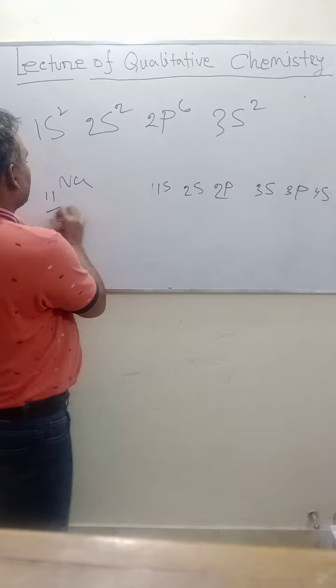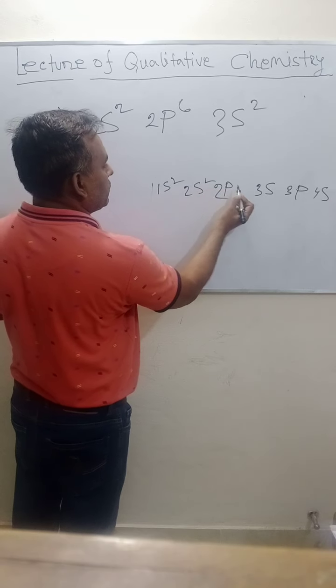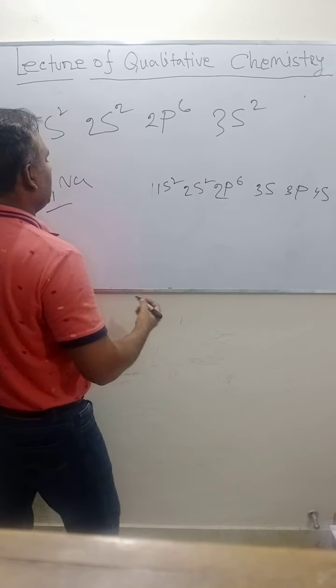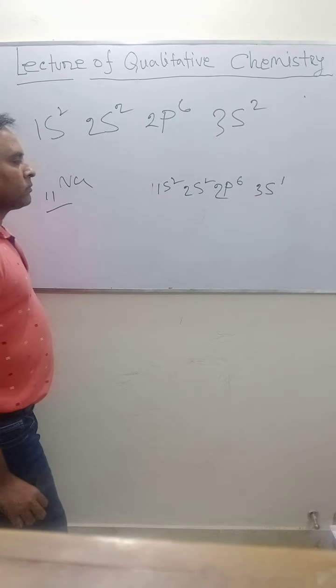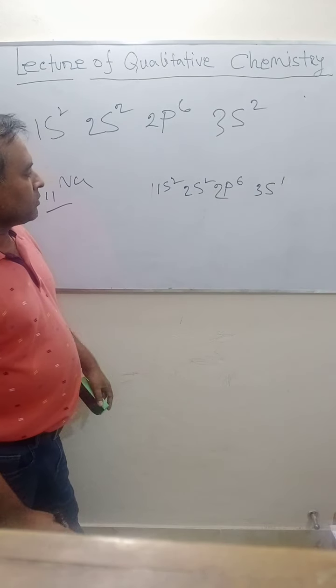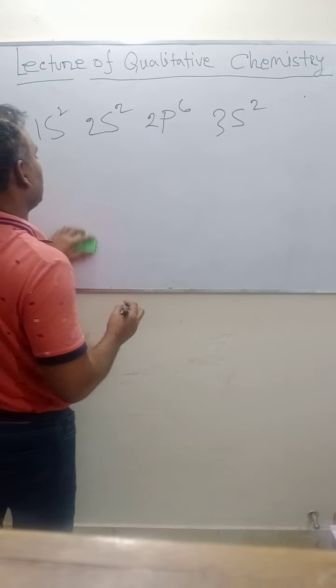You have to distribute 11 electrons here: 2, 2, 6. Then you have 1 remaining. You got this. This is easy. Clear?